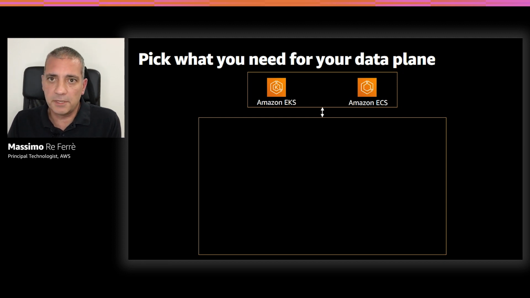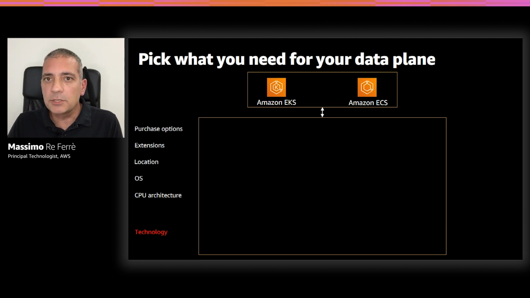We're not going to talk, as I said, in a lot of detail about the orchestrator. What we're going to focus on is the bigger rectangle at the bottom of this slide. What I'm going to show you are the dimensions that we're going to touch upon. If you remember, I alluded to location, CPU architecture. These are the dimensions that allow you to pick exactly what you need to solve your technical or business problem. So let's start to go through some of these dimensions.